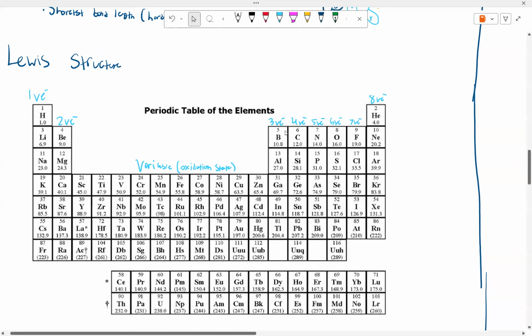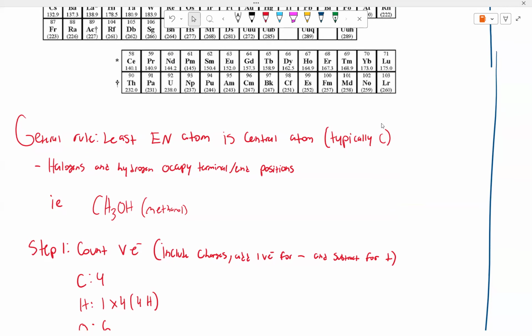When you're looking at Lewis structures, a general rule of thumb is that the least electronegative atom is the central atom. Typically that is carbon, because it's more likely to share its electrons with the other atoms bonded to it. Halogens and hydrogens typically occupy the terminal, or end, positions, so they can never become central atoms.